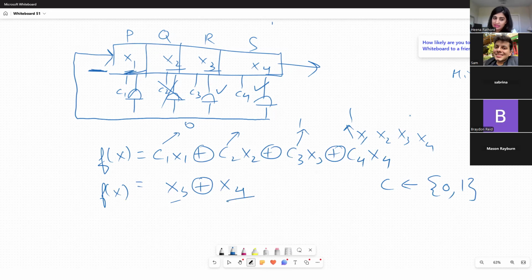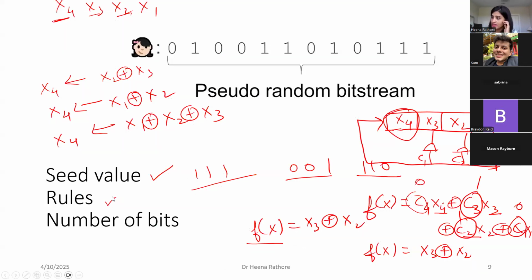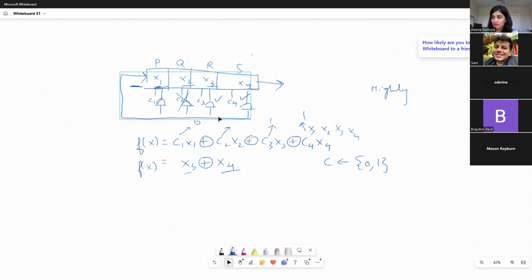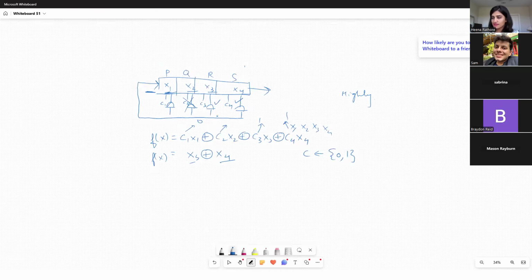The thing I was saying is that this random number you are generating in the end is dependent on the initial seed value. This initial seed value could be some value that you are inserting, such as 111. Let's suppose we are processing 3 bits, x1, x2, and x3.